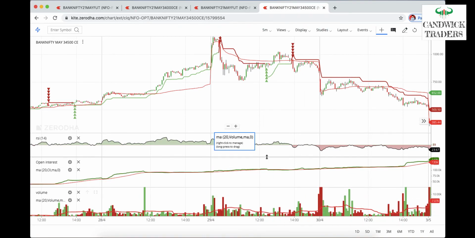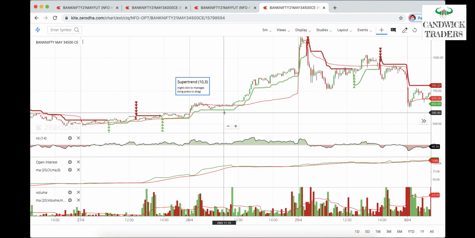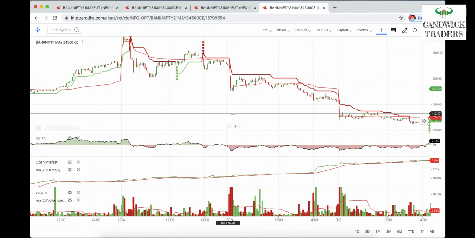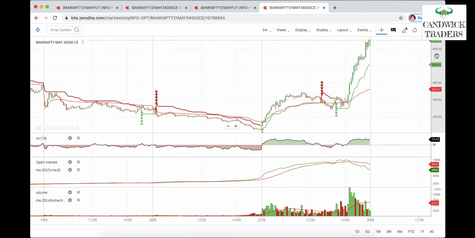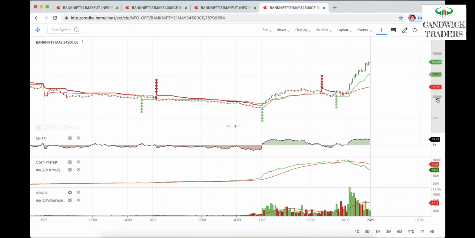If it is the volume or RSI, if it is not supporting, don't take that trade actually. Okay, and based on your setup, either price action or any EMA crossover or something like that, whatever setup you have, you can compare it with these also with the options, so you can take the buy setup also.